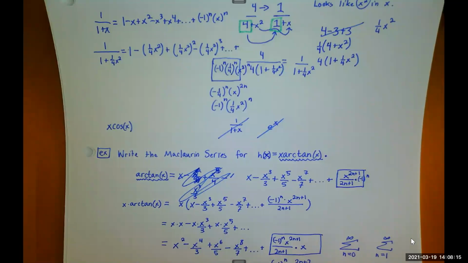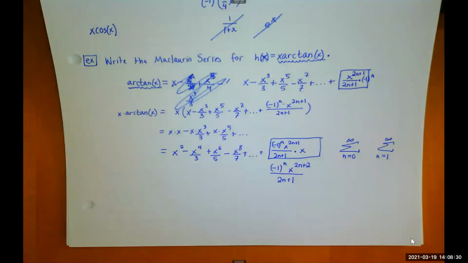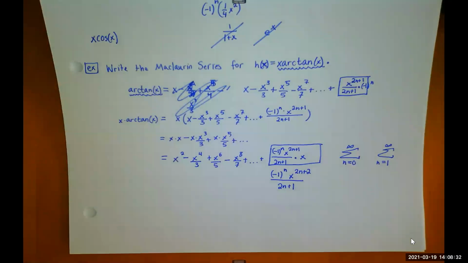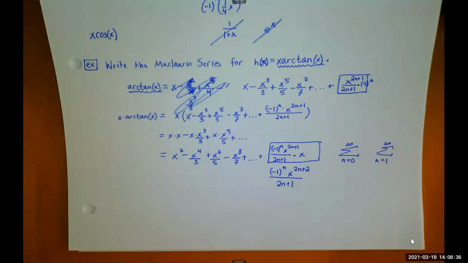When n is 1, I get -1 times 2 plus 2 is 4. 2 plus 1 is 3. Oh, is that cut off? Sorry. Hopefully that's good now.